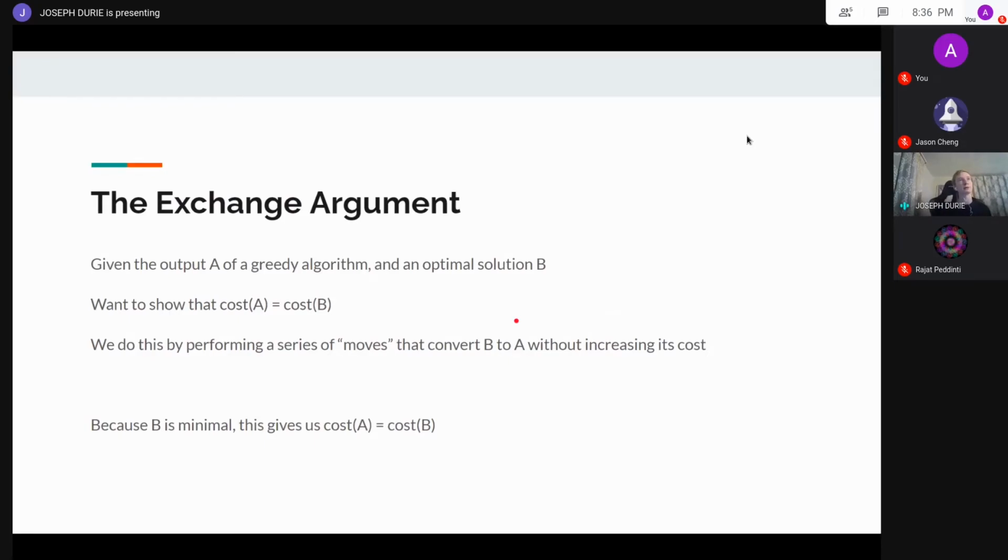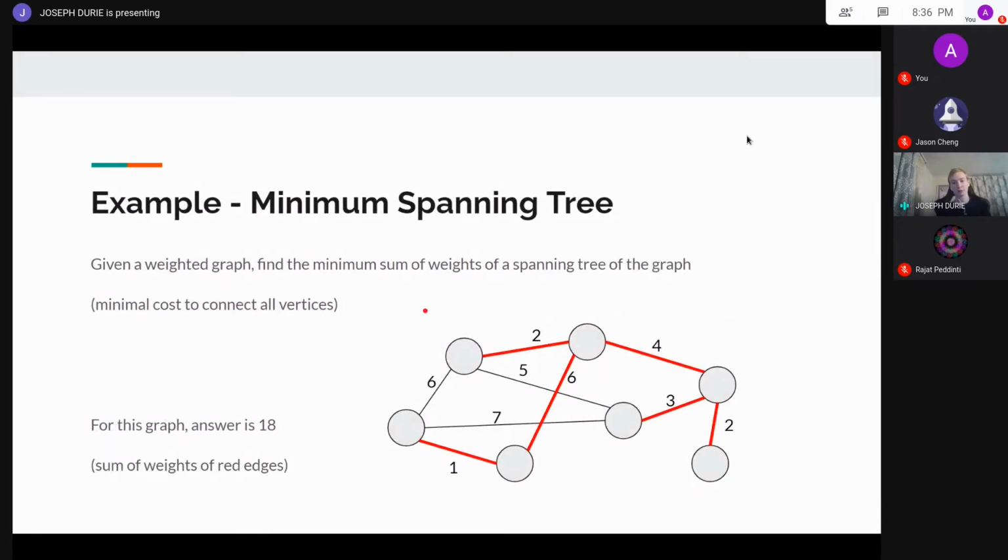Like we were talking about with the greedy stays ahead idea, this is also kind of an abstract idea, so we're going to show this with an example. This is a problem we looked at before in the graph theory lecture, minimum spanning tree. We gave this algorithm, but we didn't show why it works.